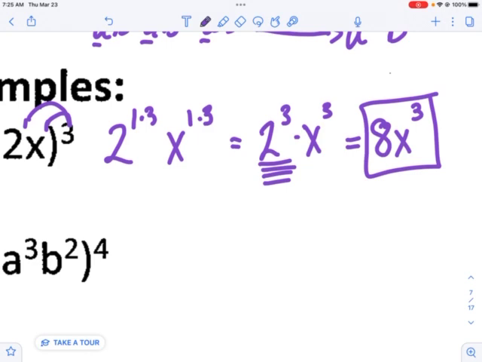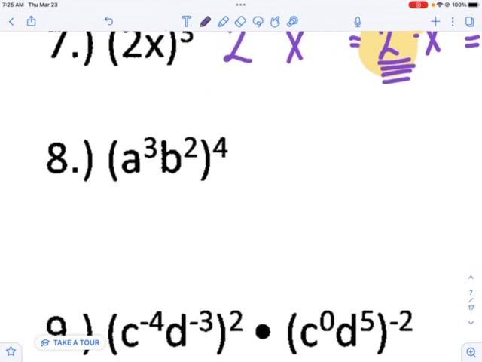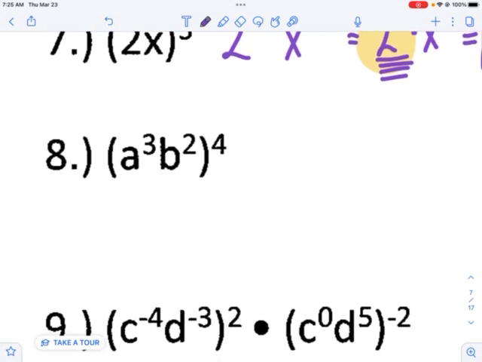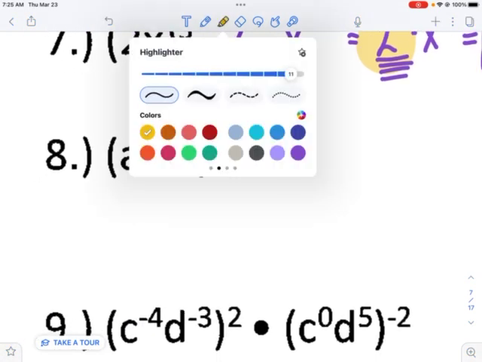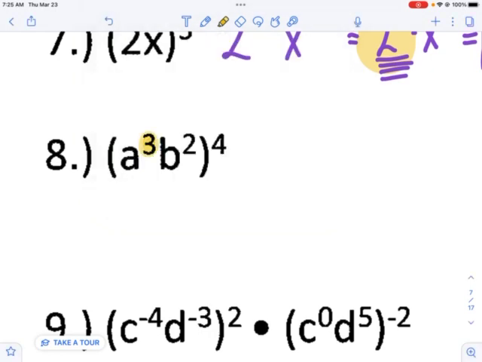So if you have terms that you can evaluate in a calculator, please do. All right, let's look at number 8. Now notice I have exponents that are not 1. That's okay. I'm still going to distribute.